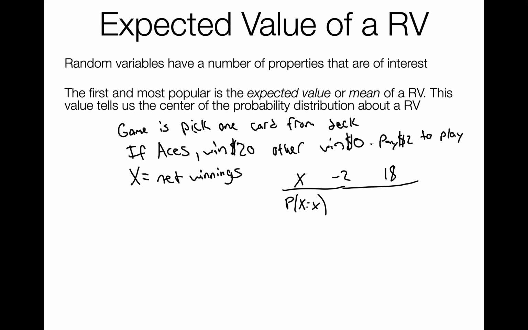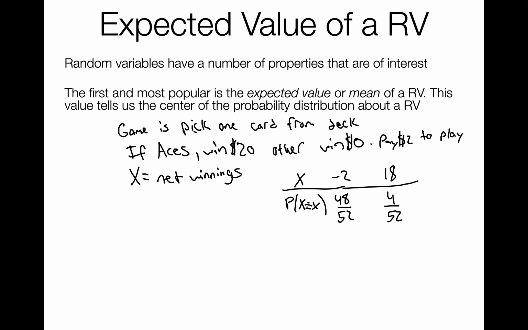And what's the probability that each of those happens? Well, there are 48 cards in a 52 card deck that aren't aces, and then there are 4 cards that are. And so that would be my probability distribution there.